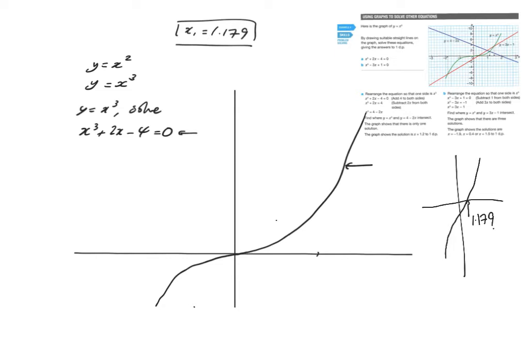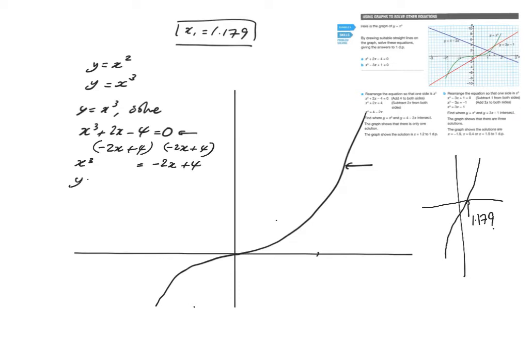So what are we going to do instead? Well, we've got this graph of y equals x cubed, so we're going to do what we did before. I'm going to get x cubed on one side of the equation and everything else on the other side. So I'm going to take away 2x and add 4 to both sides. And I get x cubed equals negative 2x plus 4.